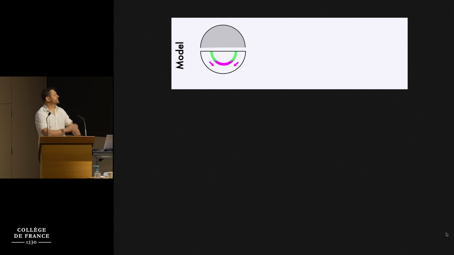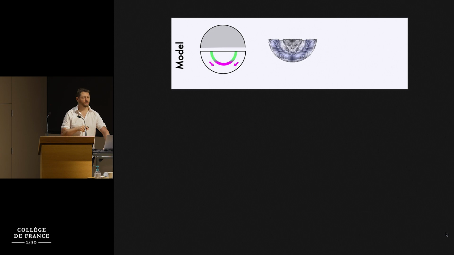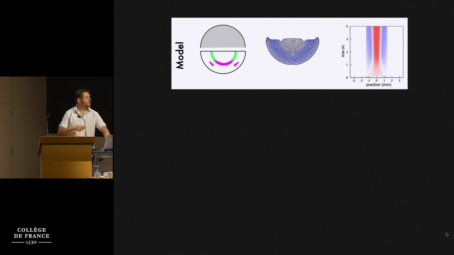So what the model predicts is that if you cut the embryo and get rid of the anterior part, the embryo reattaches, so tension is reinstalled, and the tension, being the negative feedback, will decrease the size of the contractile domain to induce a primitive streak that is eventually of the right size. So that's what you see here.